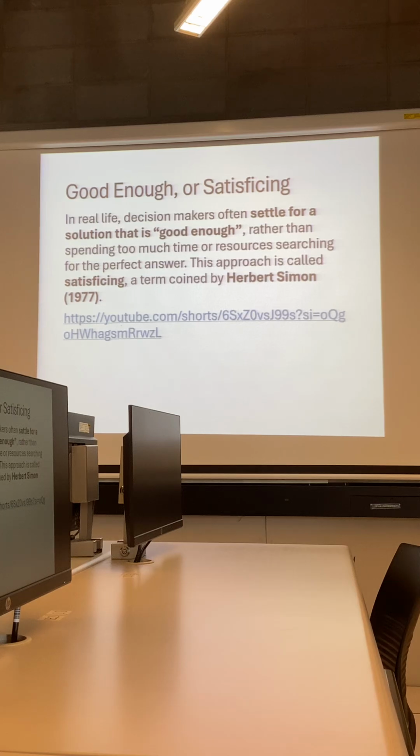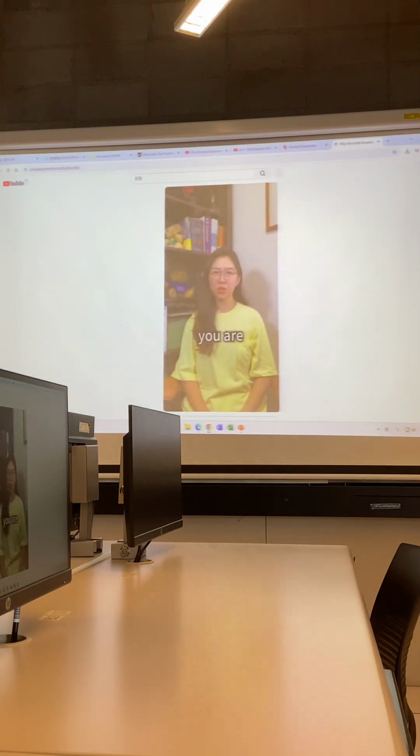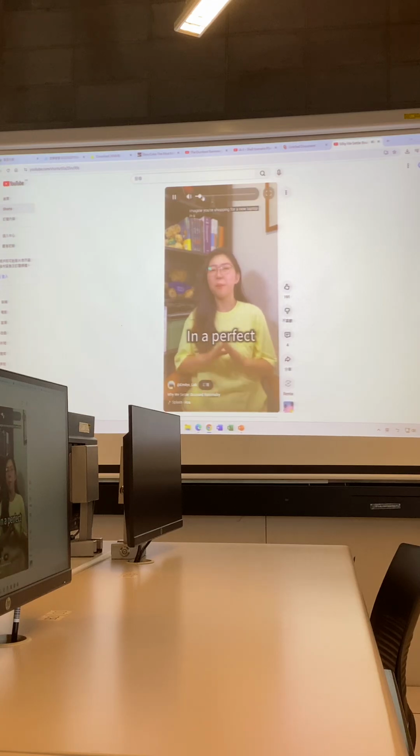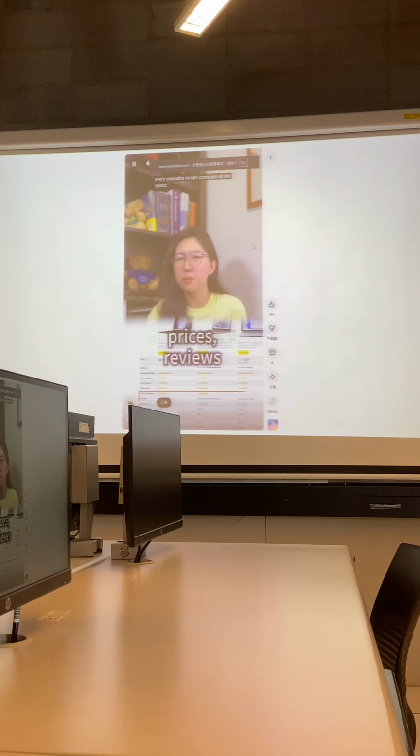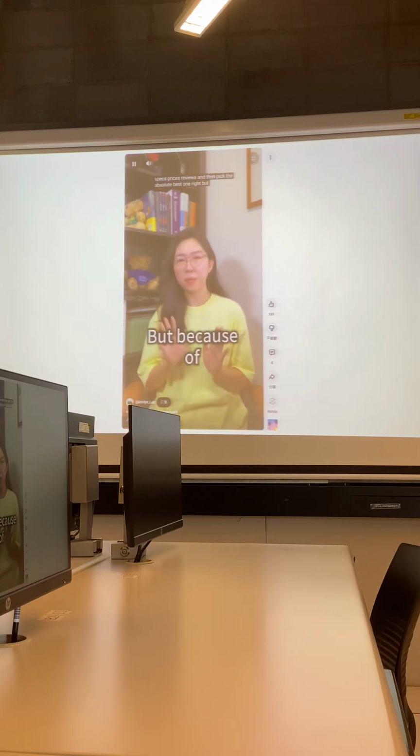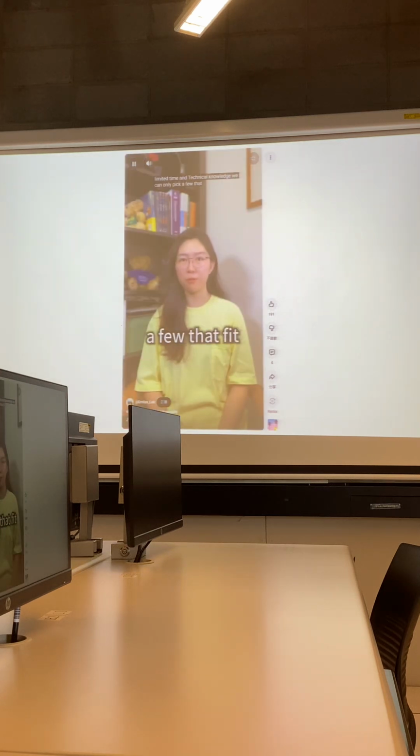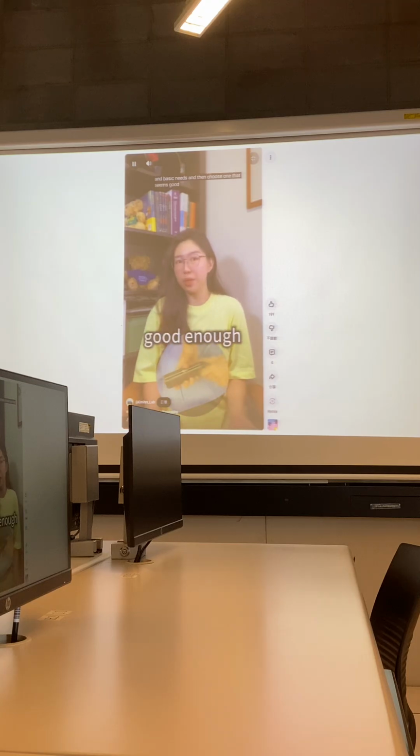So what is good enough, or satisficing? Well, you check out every available model, compare all the specs, prices, reviews, and then pick the absolute best one, right? But because of limited time and technical knowledge, we can only pick a few that fit our budgets and basic needs, and then choose one that seems good enough.